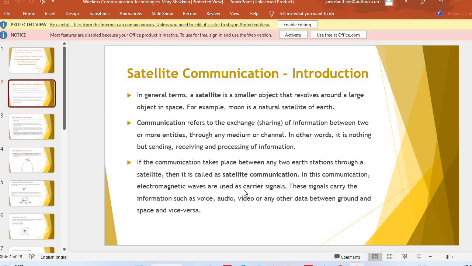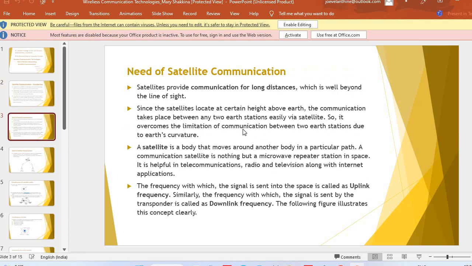In this communication, electromagnetic waves are used as carrier signals. These signals carry information such as voice, audio, video, or any other data between ground and space or from space to the ground. Next is the need of satellite communication.